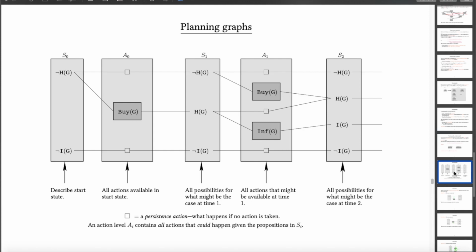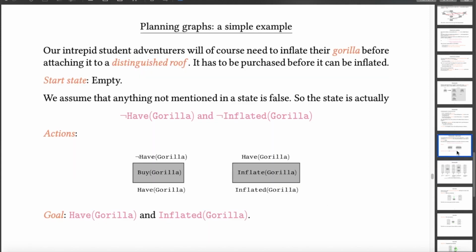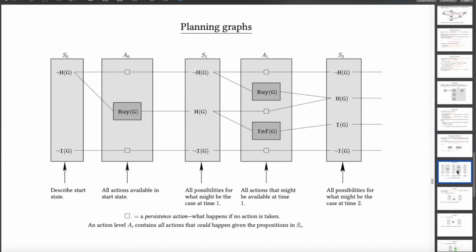So in this case, the initial state S0 only has not h of g and not I of g. If we look back at our actions, buy gorilla is possible because its precondition is not h of g. Inflate gorilla is not possible because its precondition is h of g. Now h of g doesn't appear in state S0.